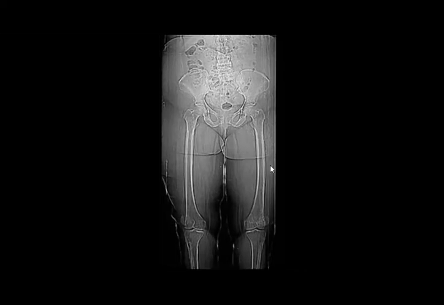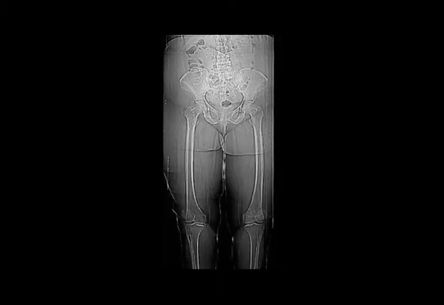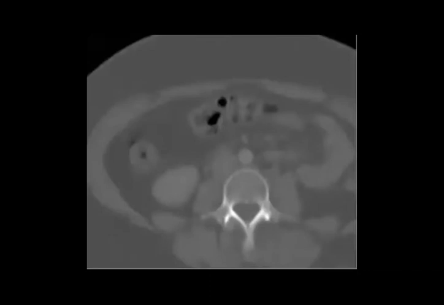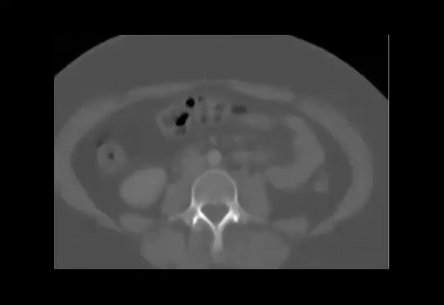So before we shift to the CT image, do you find any abnormality that catches your eye, or should we shift to the CT? So we should shift to the CT. Okay, now please try to concentrate, because I will show you just one time.